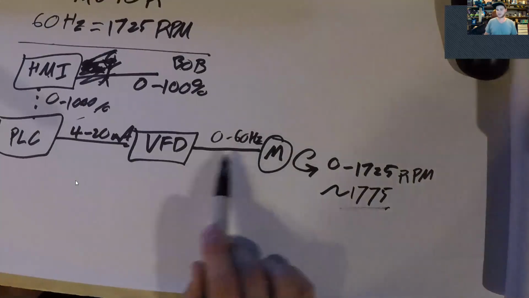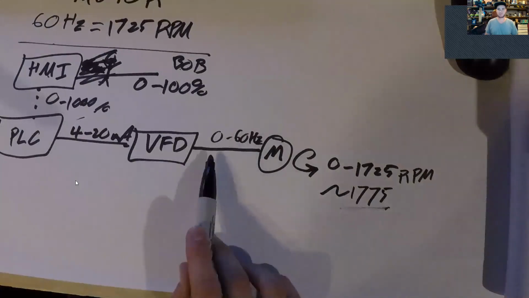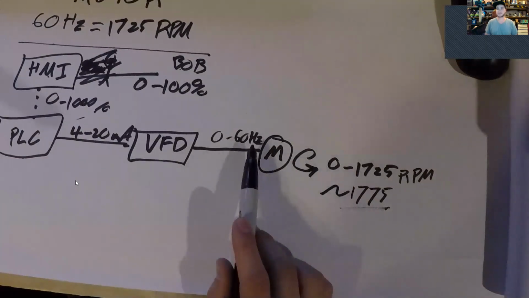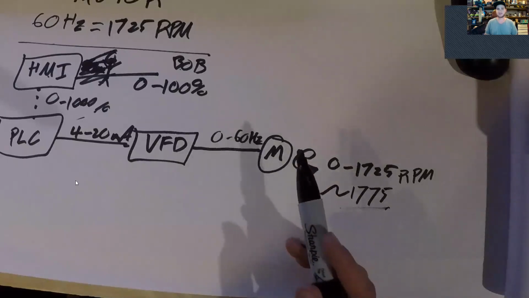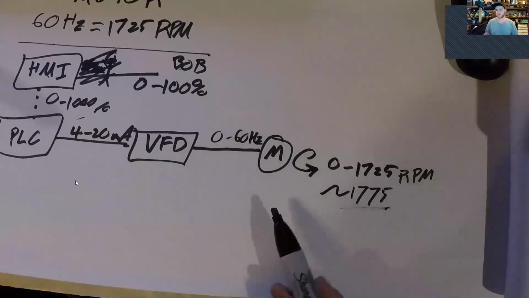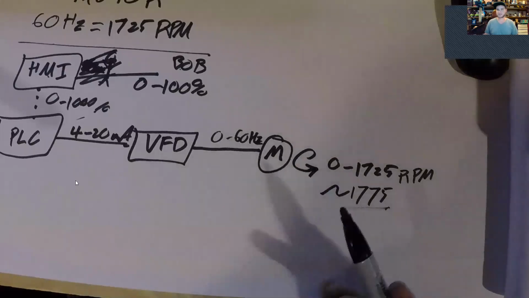One could be this VFD is actually putting out a higher frequency than 60 hertz. That's a possibility, but I don't think it's very likely. The other possibility is that the motor windings just aren't that precise. Or you have instrumentation failure.